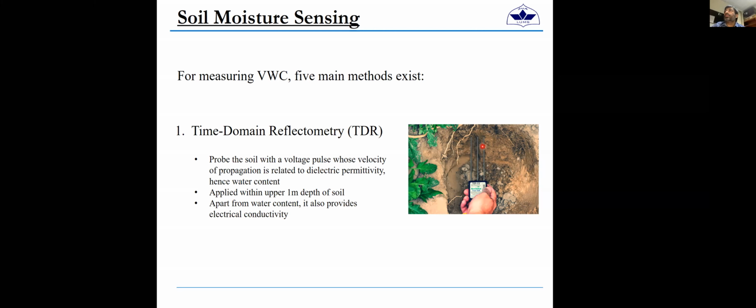You put a voltage pulse which propagates into the soil and then comes back. Based on the velocity of propagation, you compute another property of the soil, which we call dielectric permittivity, which is directly related to water content. Okay, so in this way, we are able to measure the amount of soil moisture present in our soil sample.